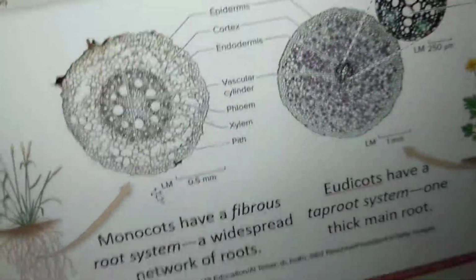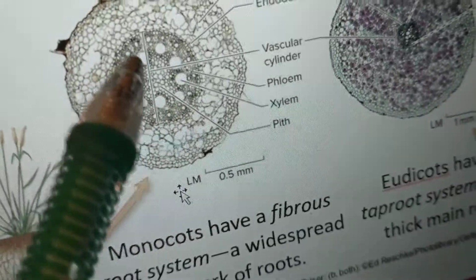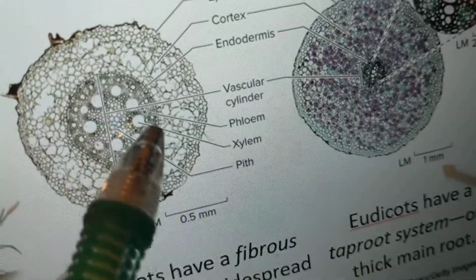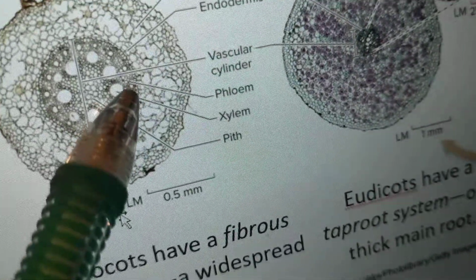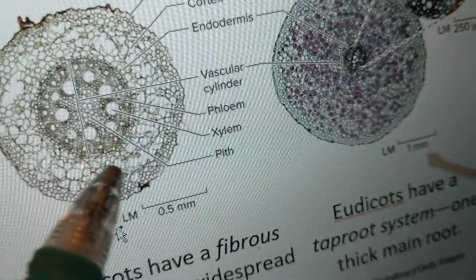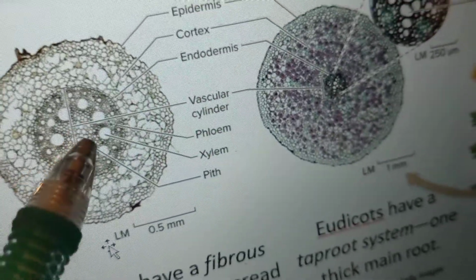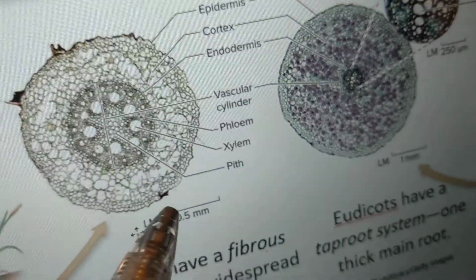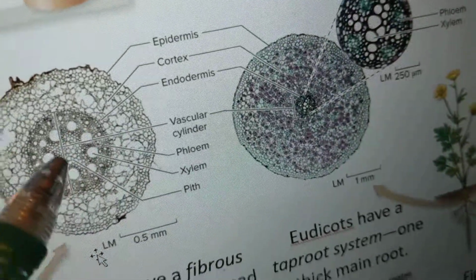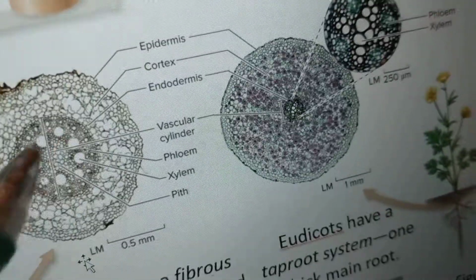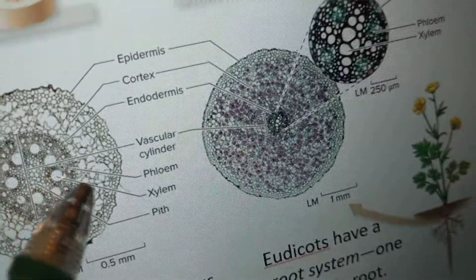The bigger circles are the xylem, and the little circles right there are the phloem. This center section is called the pith. You can basically call this whole area the vascular cylinder.